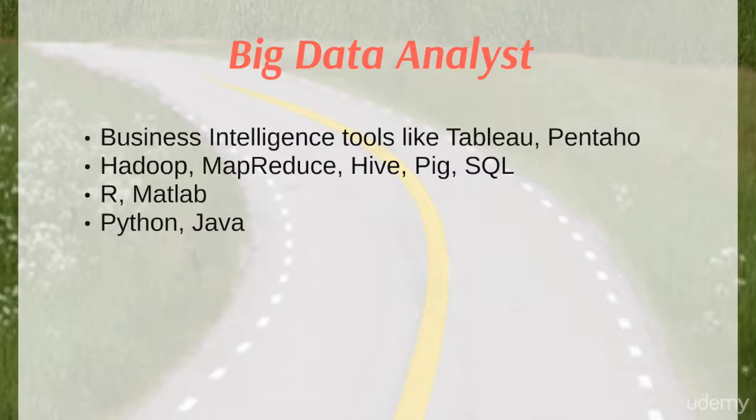Apart from these skills, one should have a good working knowledge of the Hadoop framework like MapReduce, Hive, Pig, etc. As a big data analyst, one should know what drives an organization, the key performance indicators, and how the available organization's data can contribute in making critical business decisions.